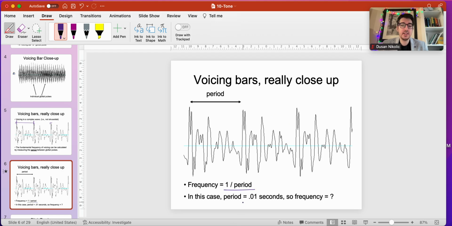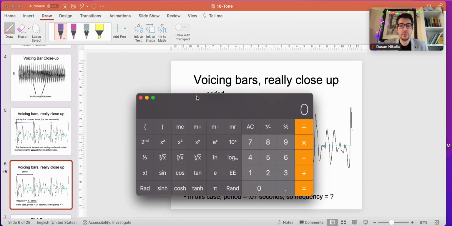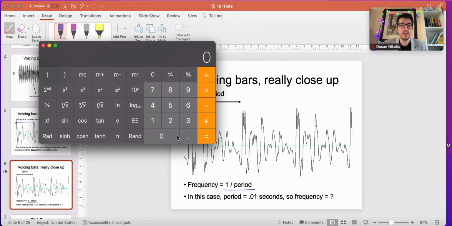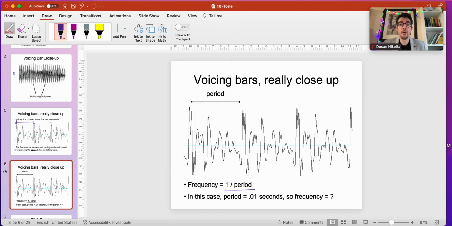And in this case, the period would be 0.01 seconds, so the frequency would be how much? Let me calculate, or you can do it on your own. This is fairly easy: 1 divided by 0.01, and that's 100, right? So we have a frequency of voicing of 100 hertz.